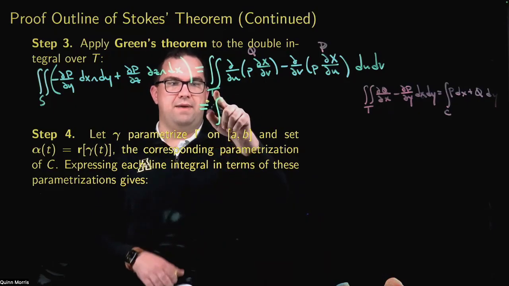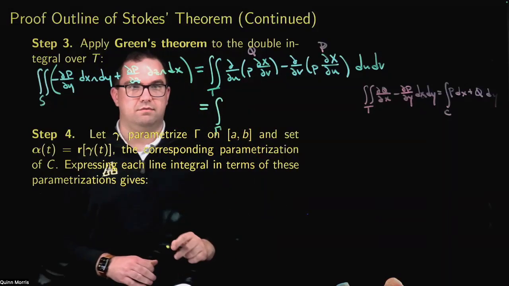over the boundary of T, that's what we call capital gamma.